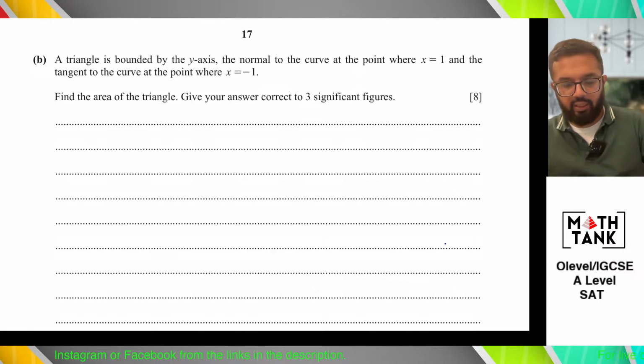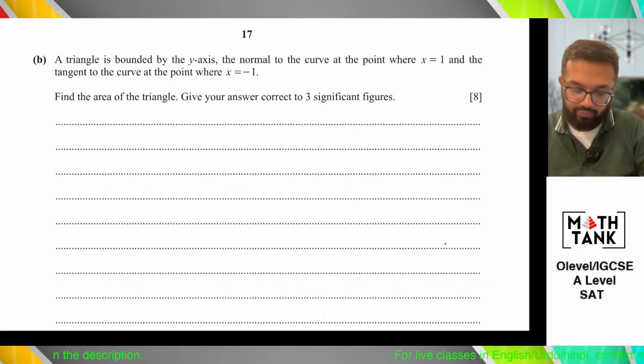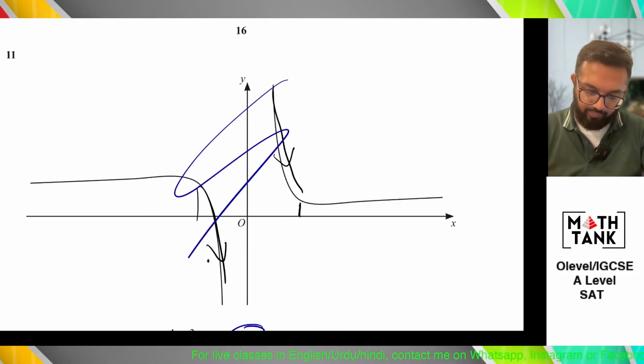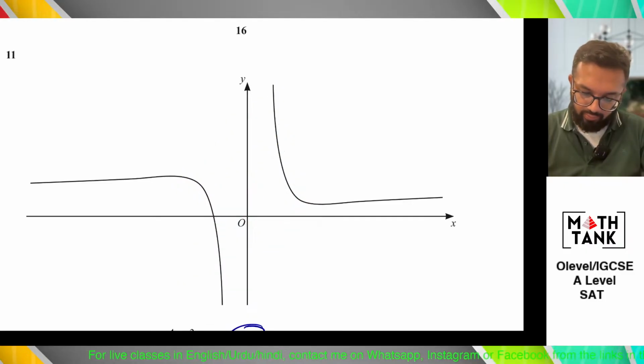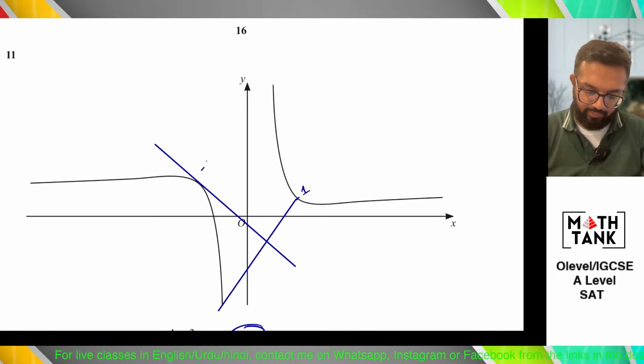Then it says the triangle is bounded by the y-axis, the normal to the curve at the point where x equals 1, and the tangent to the curve at x equals minus 1. So there's a tangent at minus 1. Let's say it goes something like this, for example, and there's a normal at 1.